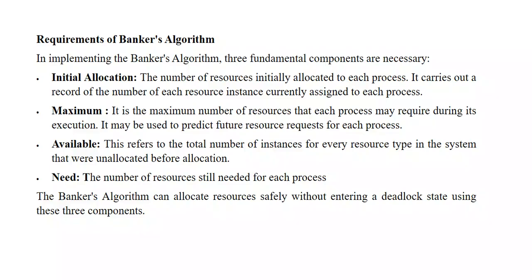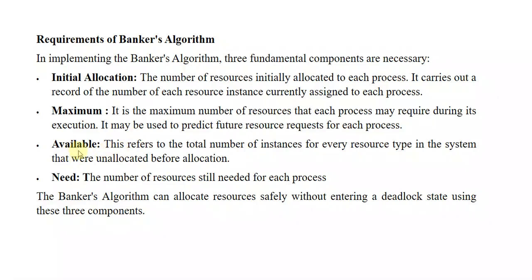Allocation means resources already assigned to the process. If any process wants to complete its execution, it requires some resources. So initial allocation shows the already allocated resources to the process. The next term is maximum. Maximum is the maximum number of resources that a process requires for execution. It is the maximum need of the process to complete its execution.